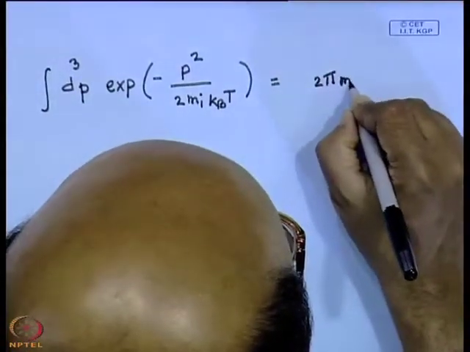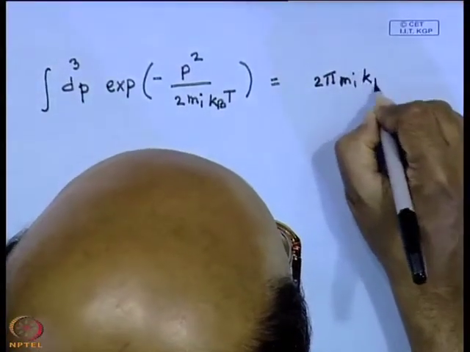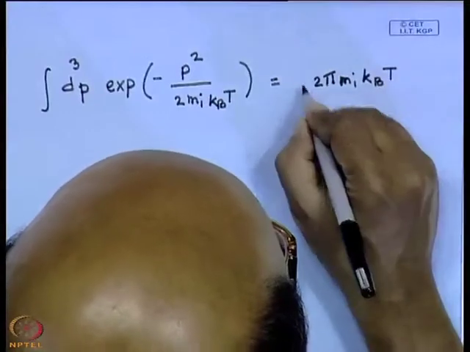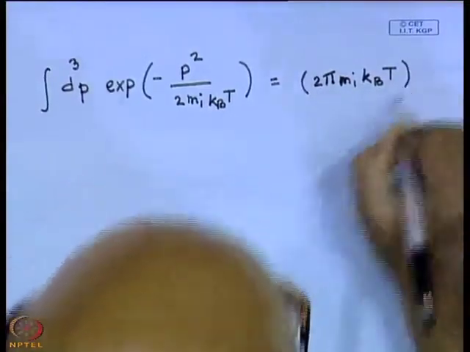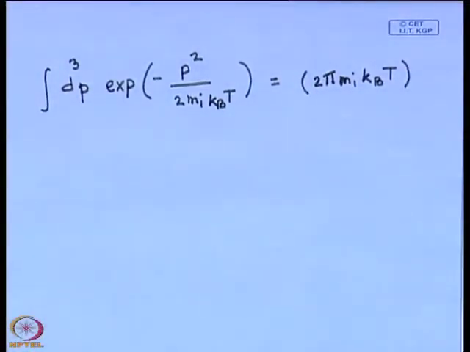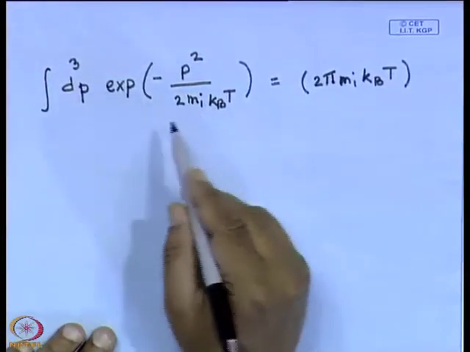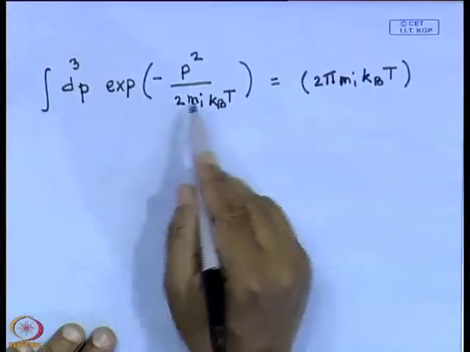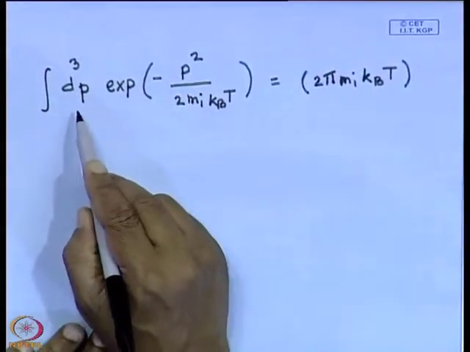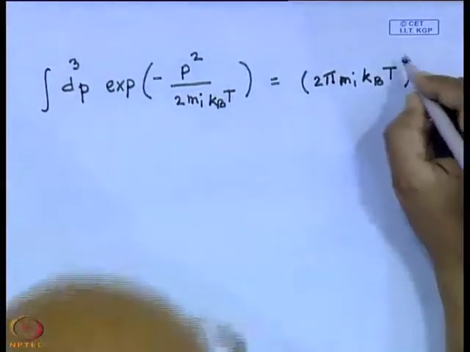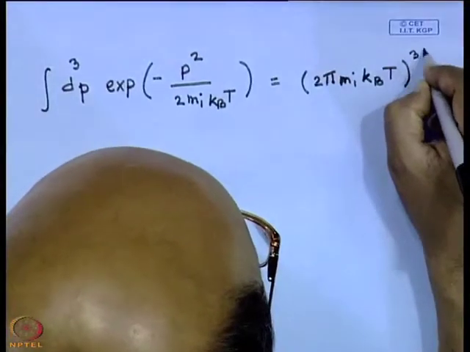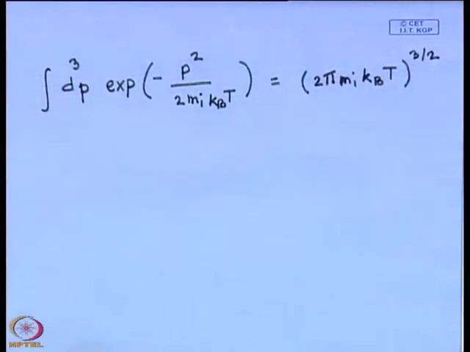So, m_i k_B T, the whole thing to the power half is one of the integrals. So, here I have a product of 3 integrals, one for the x component, one for the y component, one for the z component. So, we have to the power 3 by 2.